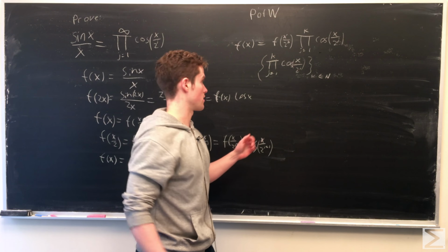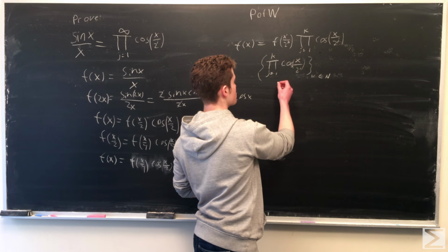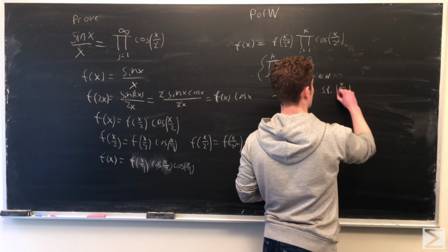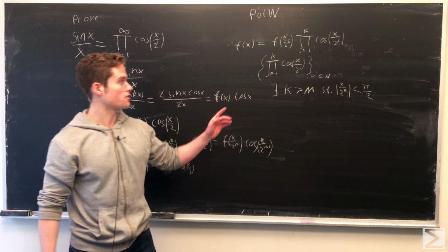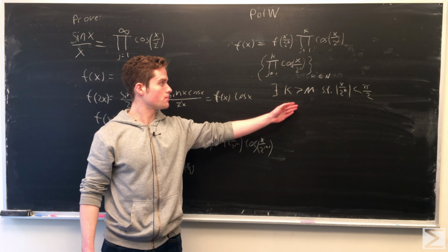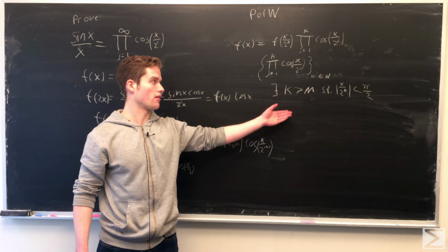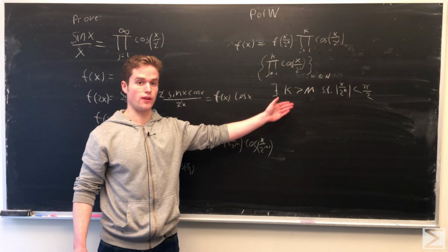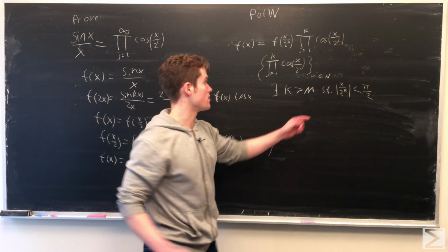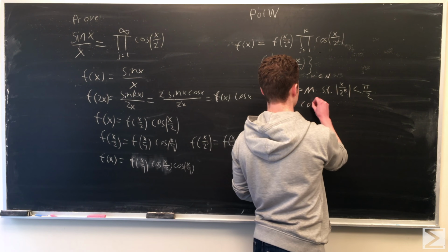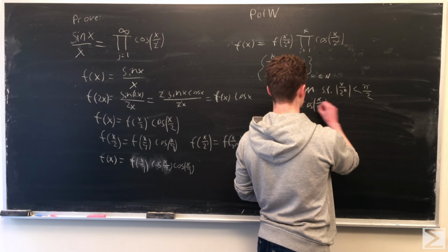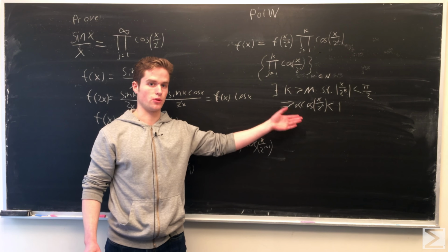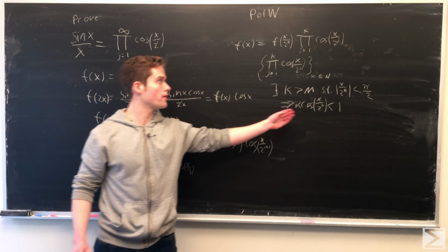And one other thing, there exists an m such that for all k greater than this m, the absolute value of x over 2 to the k is less than pi over 2. And this implies that cosine x over 2 to the k is somewhere between 0 and 1.